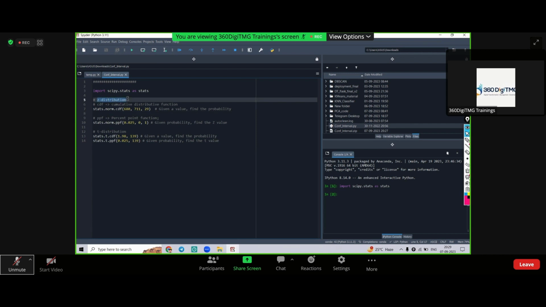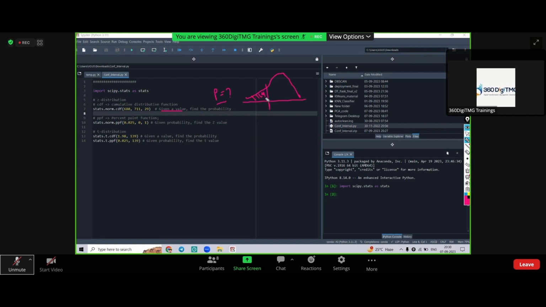If I say Z distribution, CDF means cumulative distribution function. Given a value, I will find out the probability. So here I have given a value, I need to find out the probability. That is, what is the probability of a specific area?